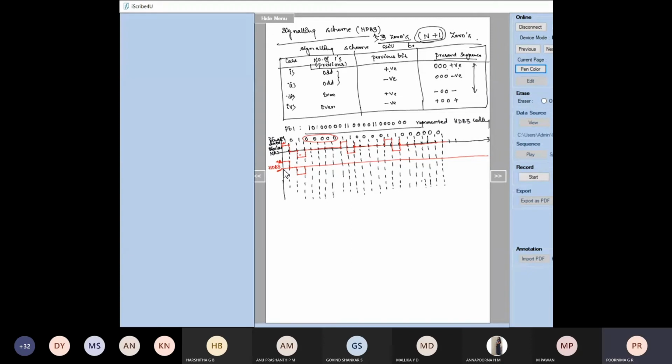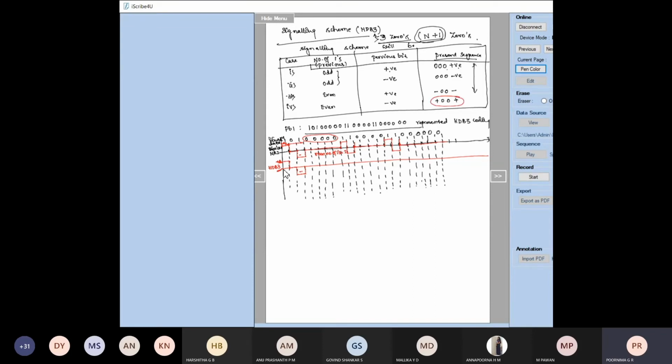5 zeros. Previous to this, how many ones are there? 2, so an even number of ones. Whenever there is an even number of ones and the previous pulse is negative, what should be the signaling format for these 4 zeros?